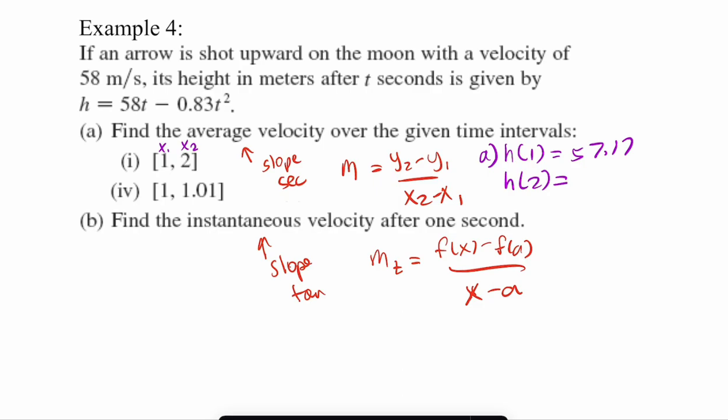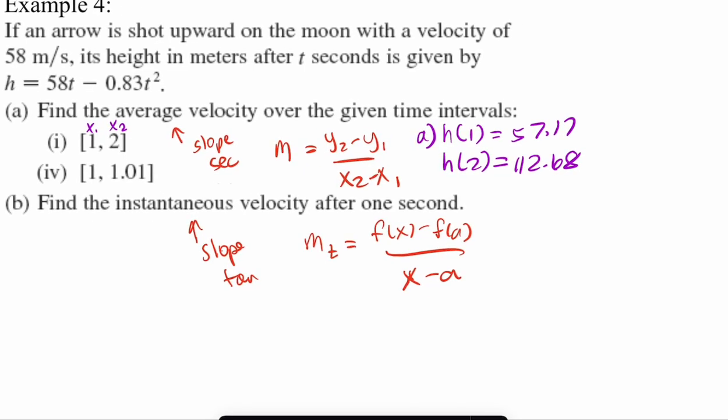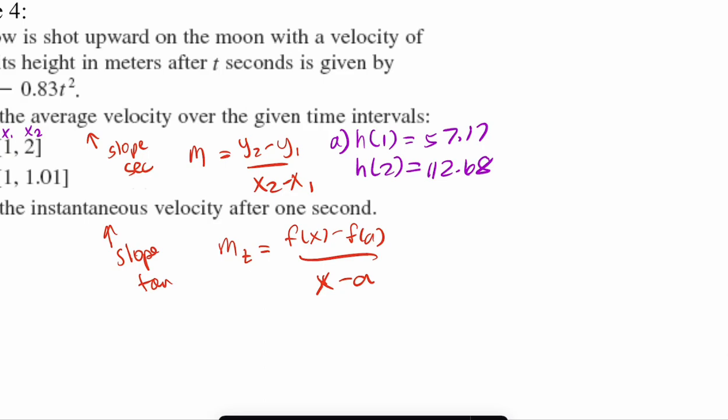I'm going to keep those decimals out a little bit. If I plug in 2, 58 times 2 minus 0.83 times 4 is 112.68. So the average velocity over that interval is the slope of my secant over that interval. I just do the slope formula between those 2 points.